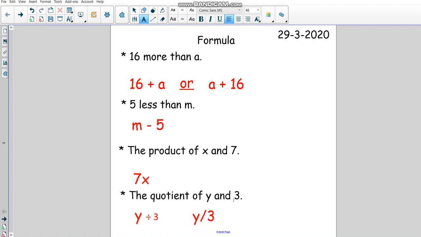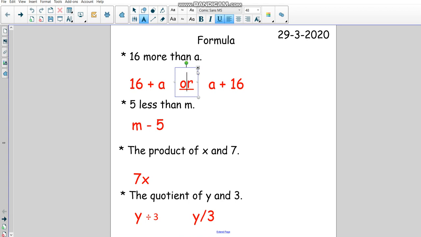As we said before, the fraction form is as if I'm dividing the numerator by the denominator. That means my numerator will be y, my denominator will be 3. So whether to write it y divided by 3 or y over 3, both are correct.